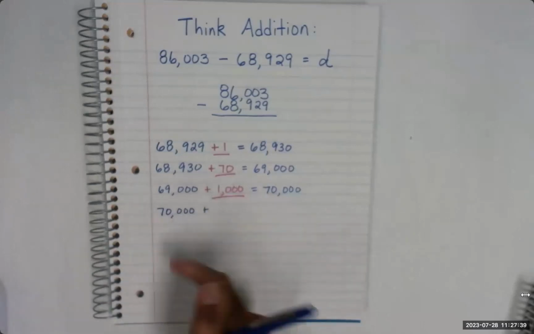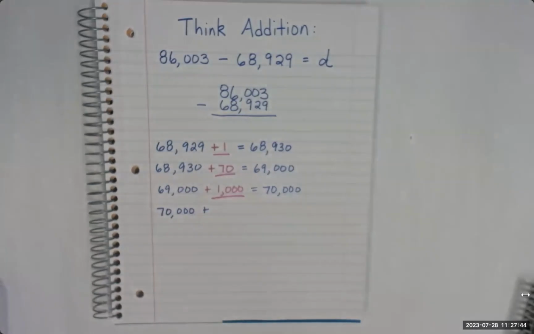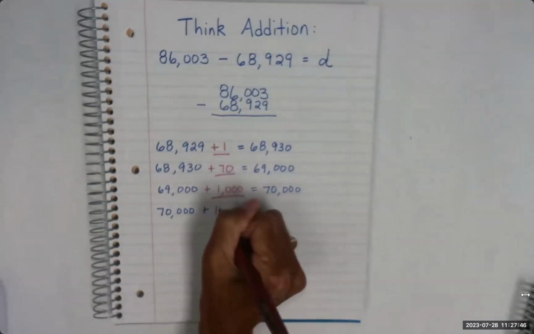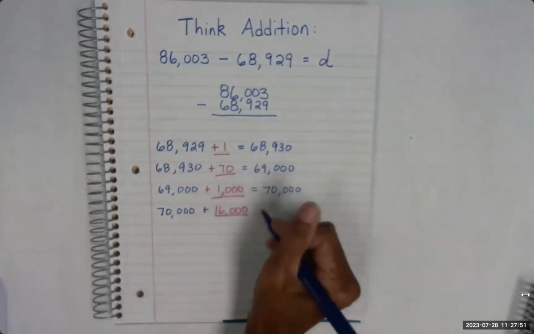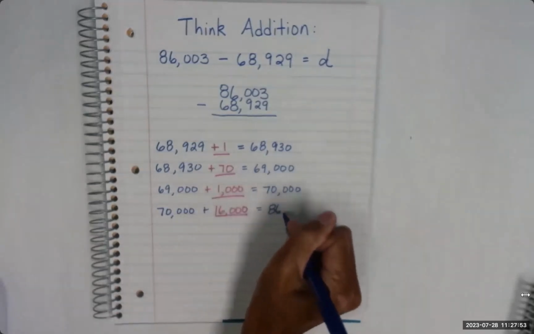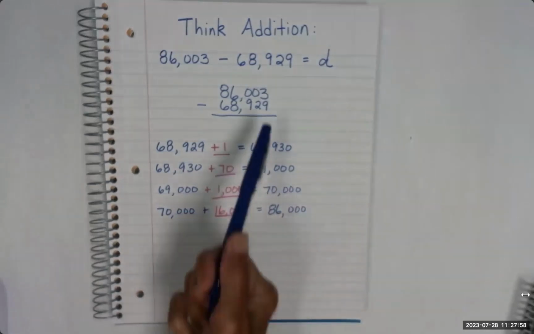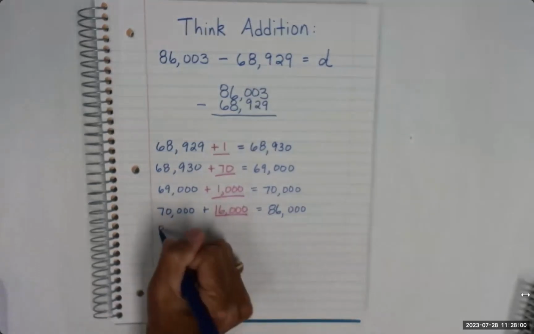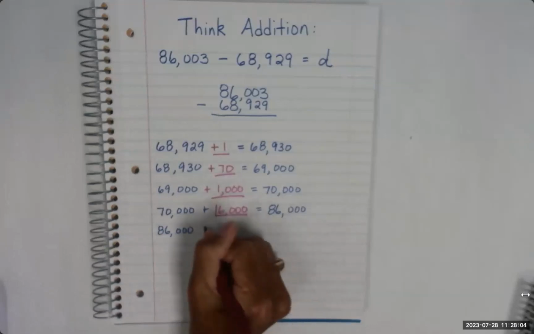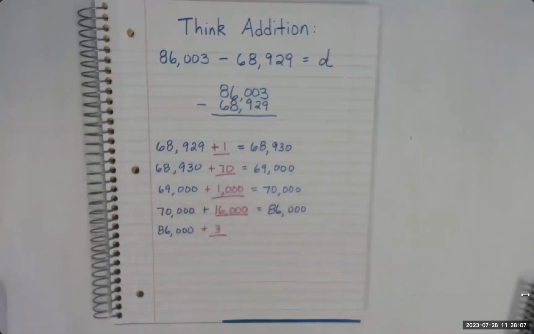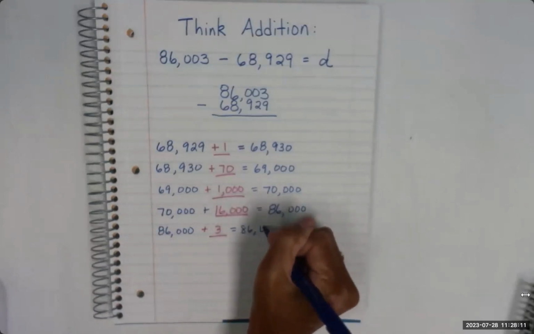So a student could look at 70,000 and get to 86,000 by just adding on 16,000 more. So they would find 86,000. And now look, we just need to add 3 more to 86,000 to arrive at 86,003.